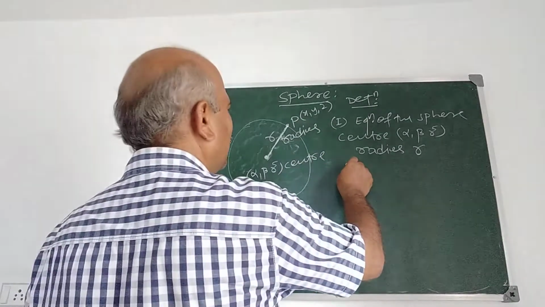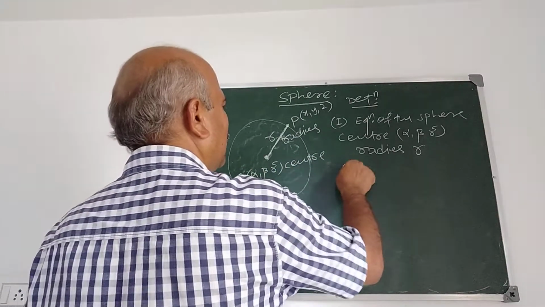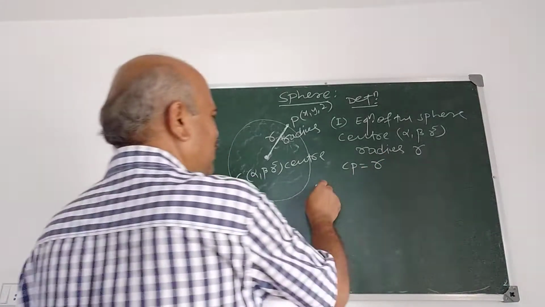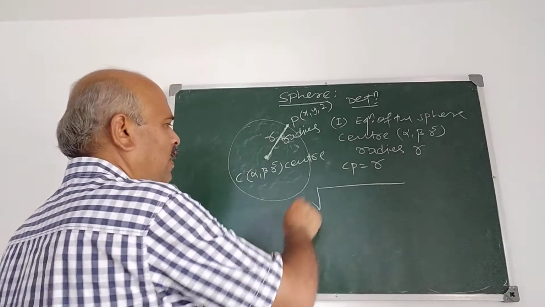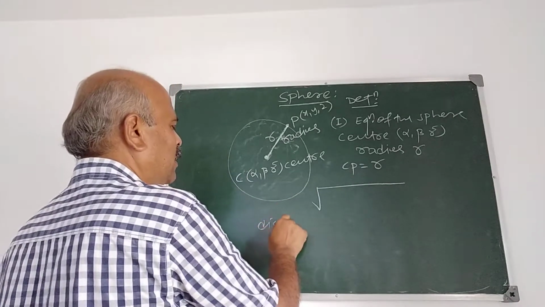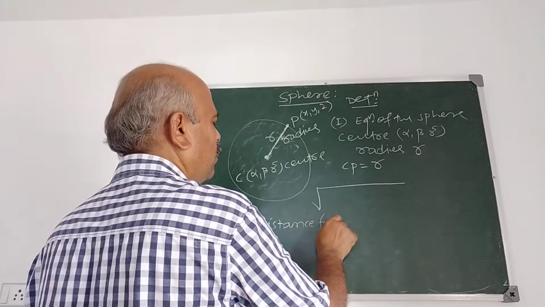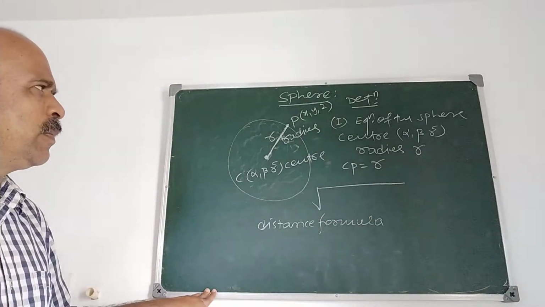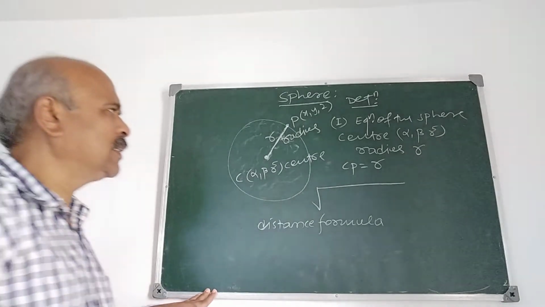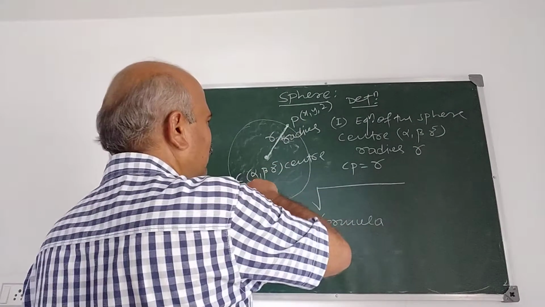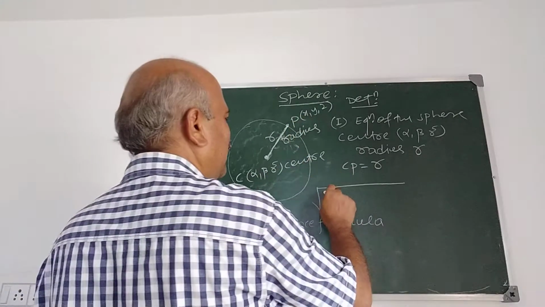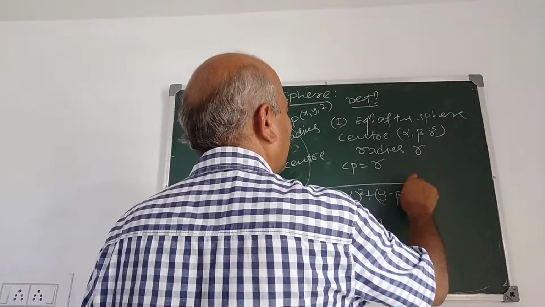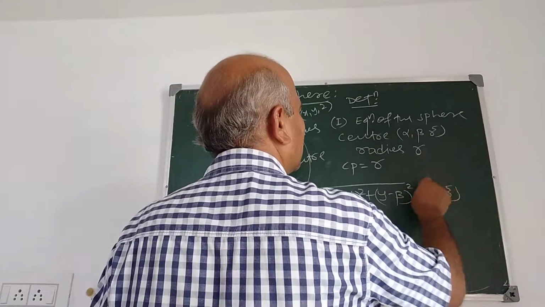What is the given condition here? I take the center as C. CP is equal to r. But by the distance formula, what is CP? You have to apply the distance formula, the first formula in analytical geometry. The distance between C and P, that is alpha, beta, gamma and x, y, z, is the square root of x minus alpha square plus y minus beta square plus z minus gamma square.